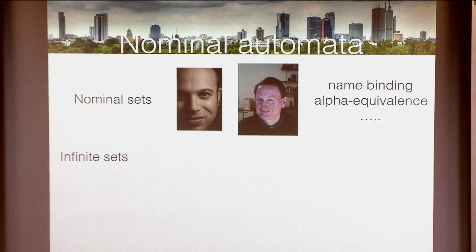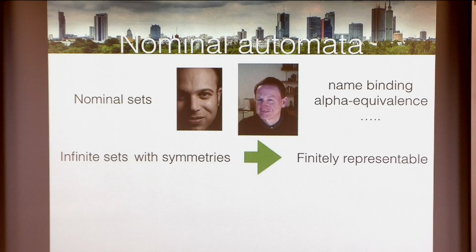Nominal sets, in a nutshell, are infinite sets with symmetries. So they are infinite, but they are actually finitely representable, which makes them amenable to finite representations like I showed in the previous slide, and I'll show one more in the next slide.